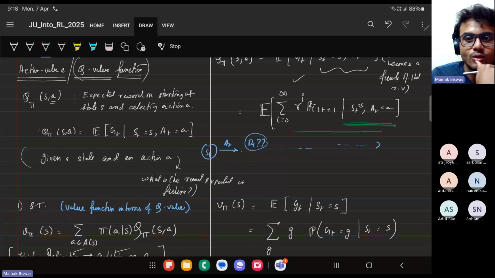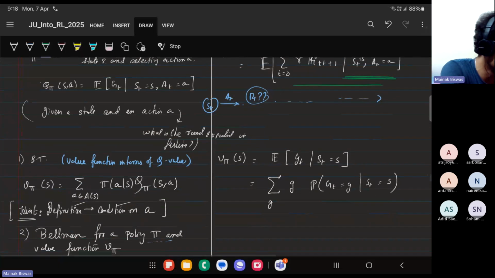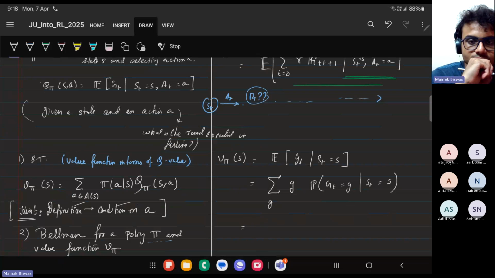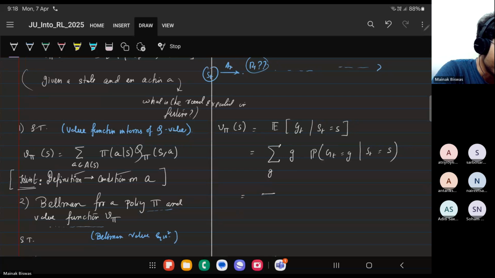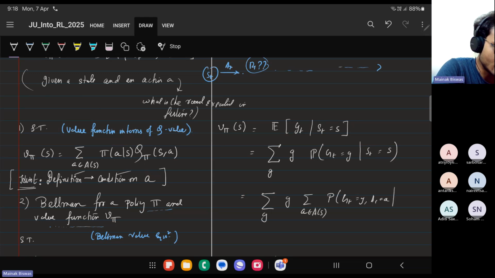But currently I only have the state, not the action. So what can I do? Any idea? Again, same logic as you have all told me multiple times before. I will just bring in the action.